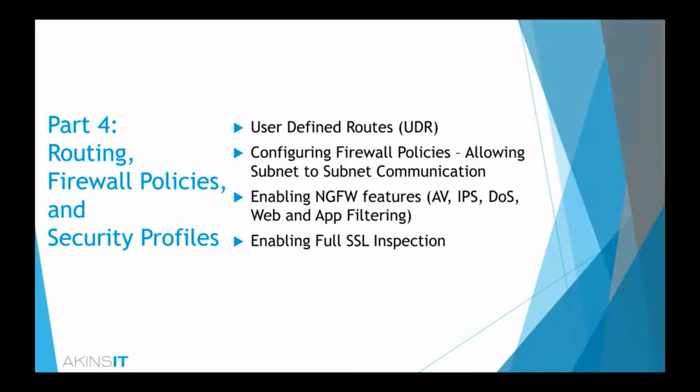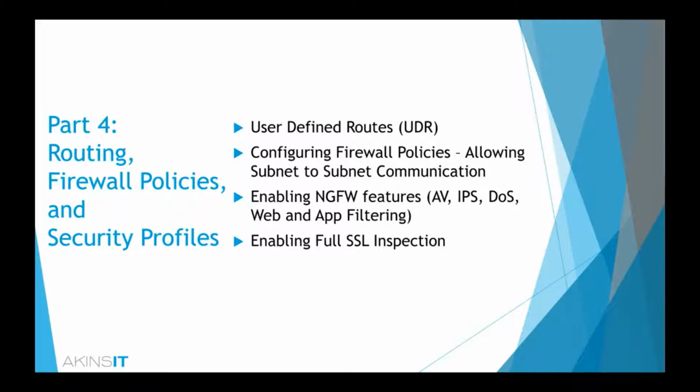I'm going to create one for my server out to the internet, as well as allowing subnet to subnet communication, because in this environment, let's say server subnet A is your internal resources and server subnet B is your DMZ. So you want to restrict what type of communication is allowed. In our demo, I'm just going to allow complete communication, but ideally you want to lock it down to only the specific ports that are required.